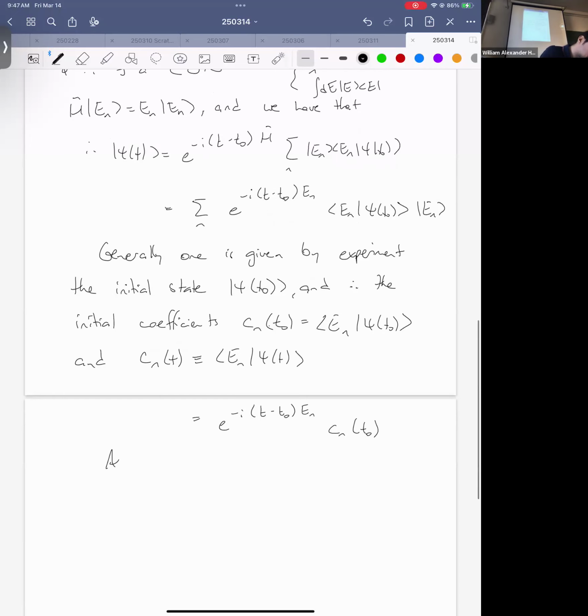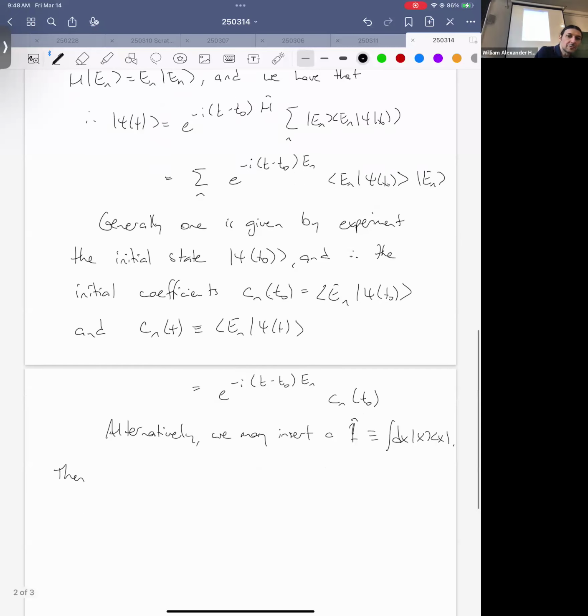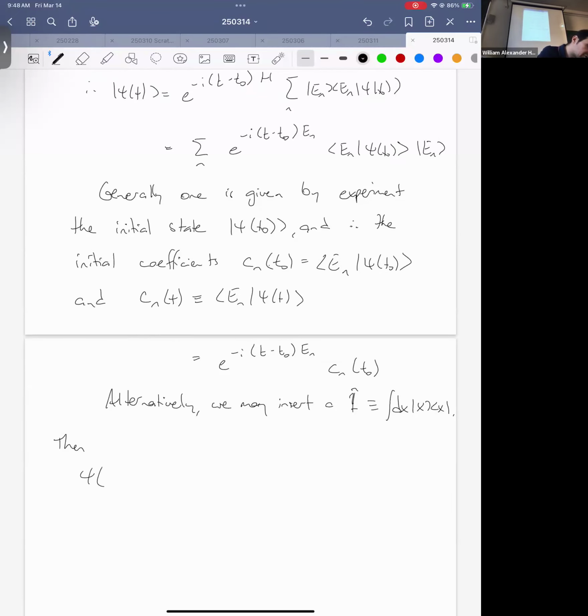So alternatively, we may insert a 1, which is defined as the integral of dx of the outer product of x. So then our wave function as a function of time, that's the inner product of x with psi of t.